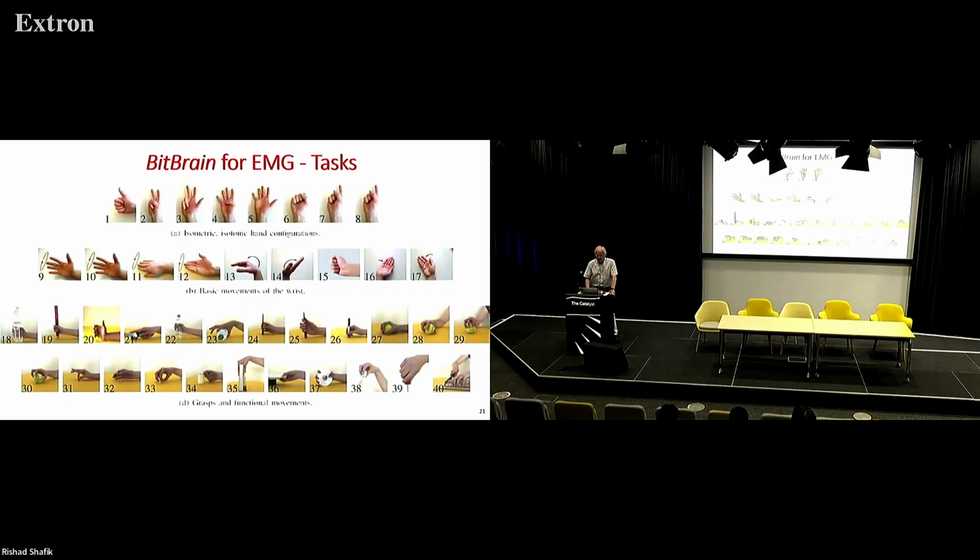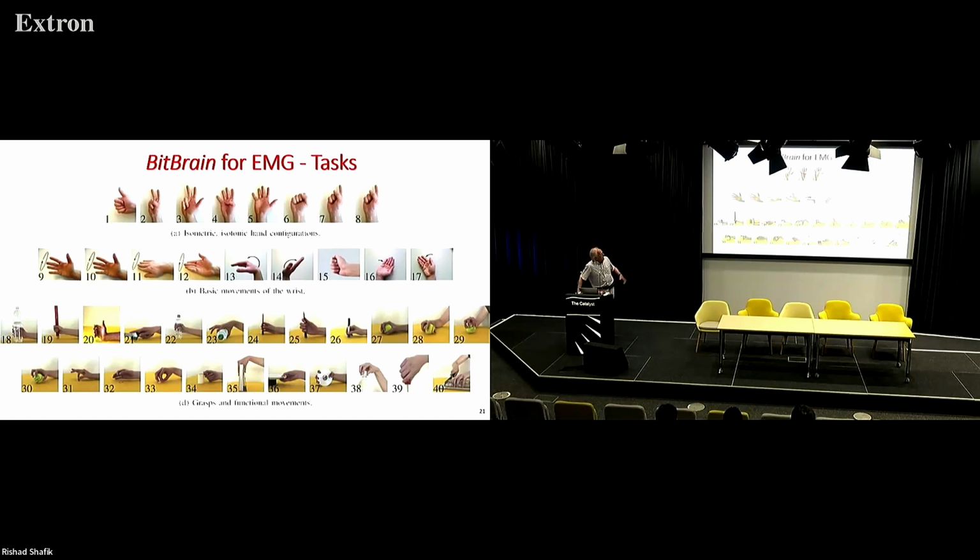The kind of things that we're looking for are inferring gestures, and you probably can't read what's on this slide, but you can see the top line are just various different hand configurations with different numbers of fingers or a clenched fist.